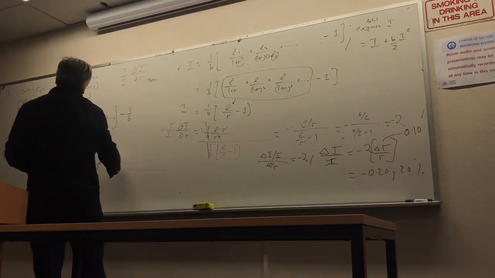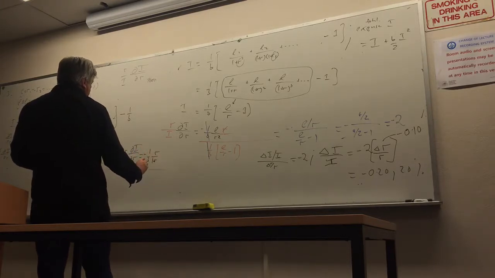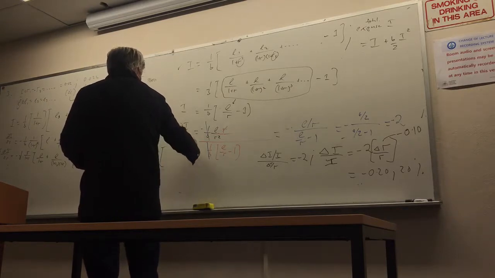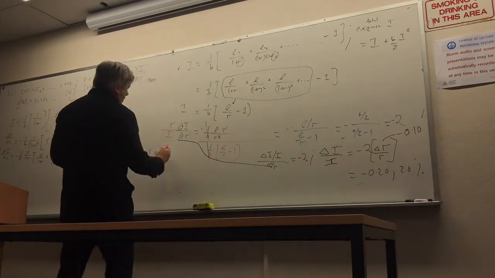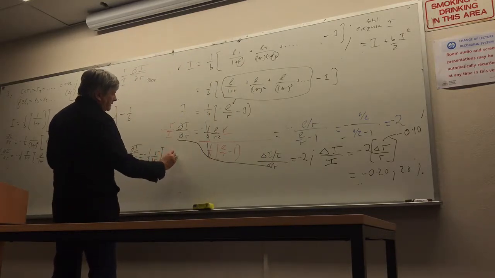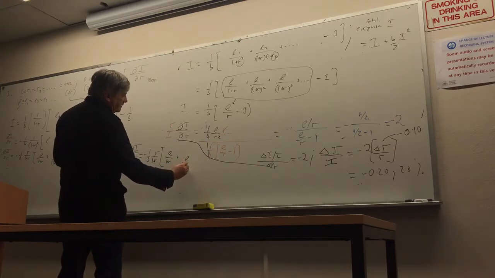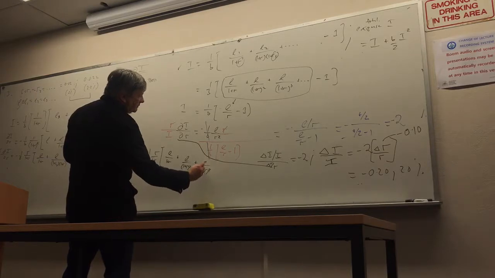What does it do for us? I'll write it out here. I'll just say R di dr is equal to minus 1 over B, R over 1 plus R. And now, sorry, this is not very tidy. Now we're going to have all these expressions, rho over 1 plus R plus rho over 1 plus R squared plus rho over 1 plus R cubed, etc.